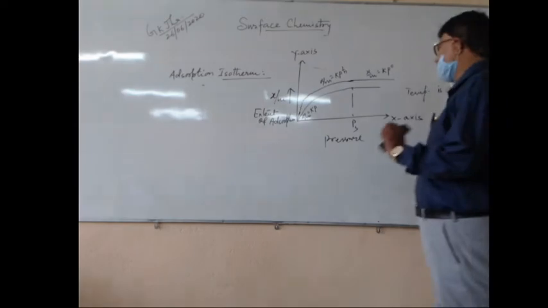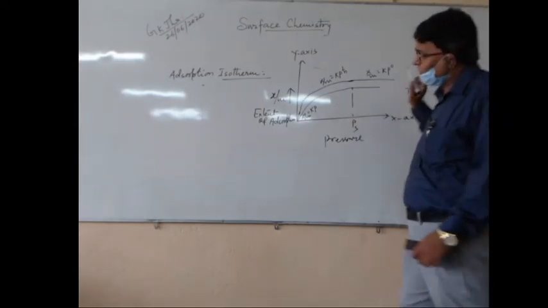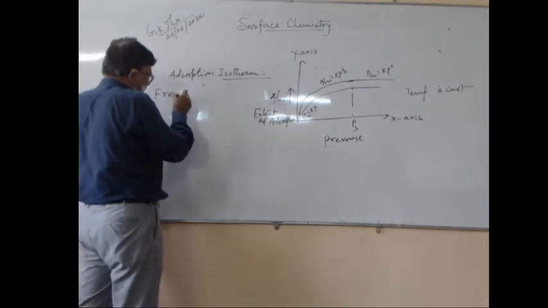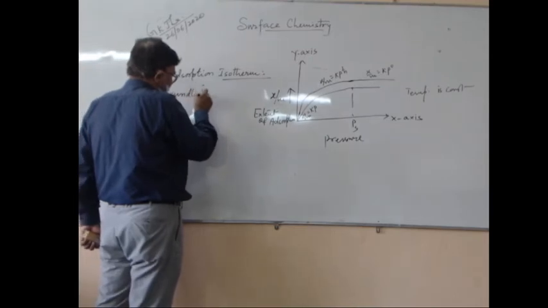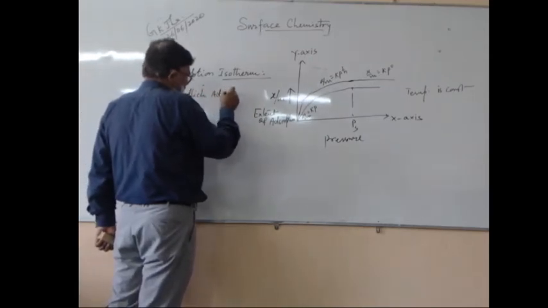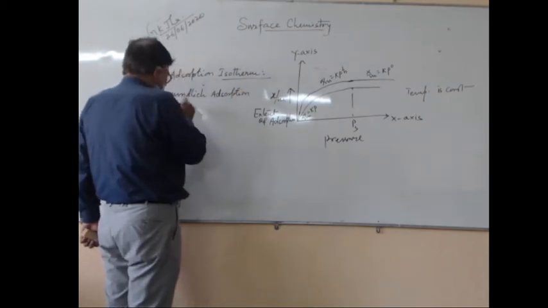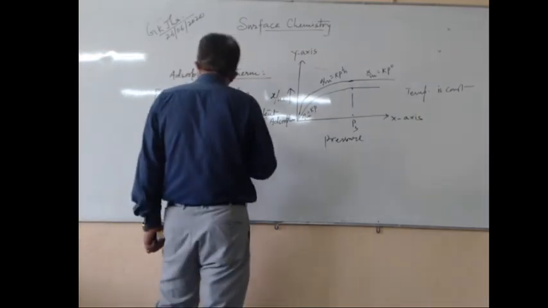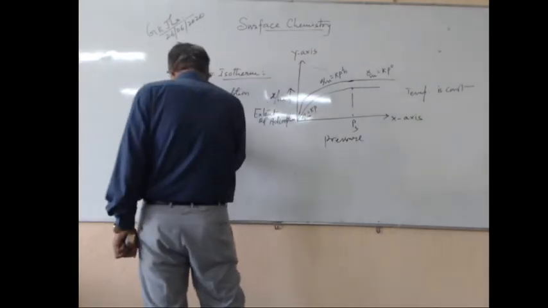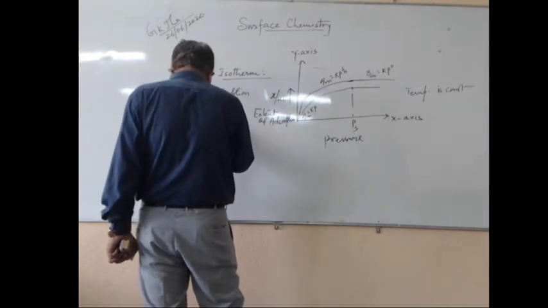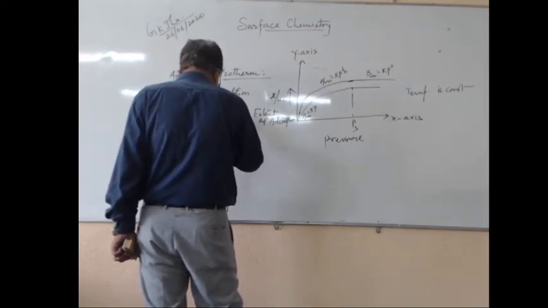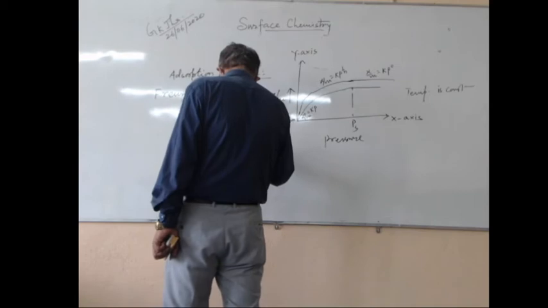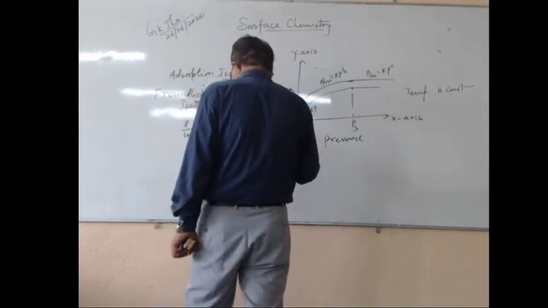This is pressure, temperature is kept constant. This is the curve obtained. This is known as Freundlich adsorption isotherm. Freundlich gave a relationship like this: x by m is equal to k into p raised to the power 1 by n.